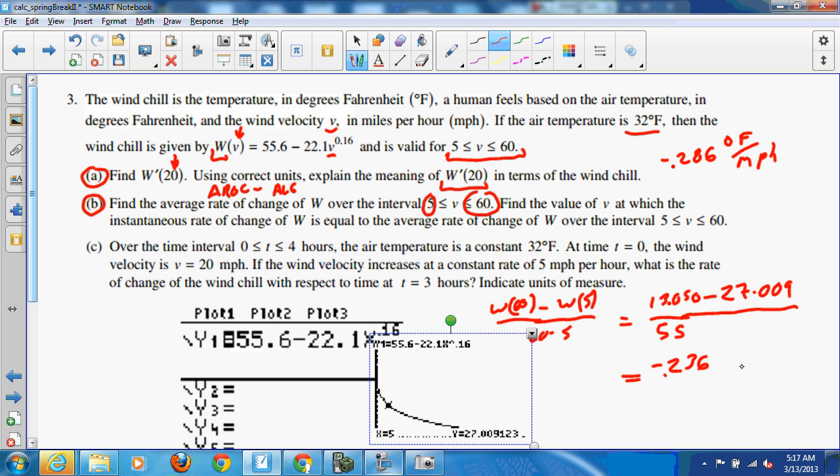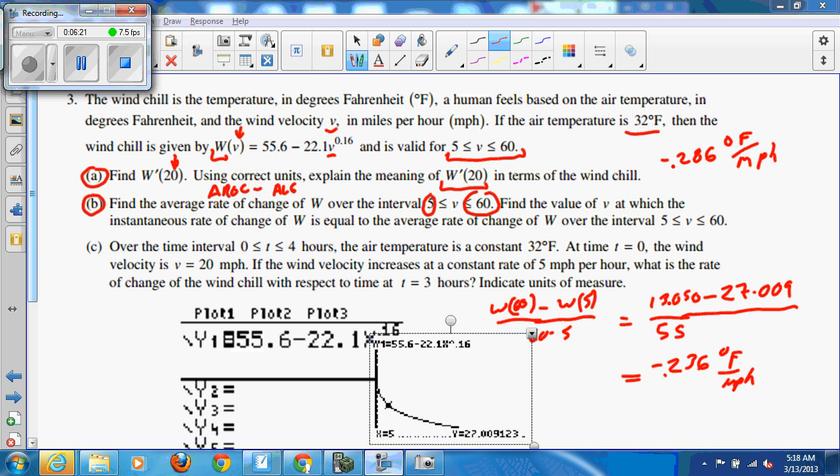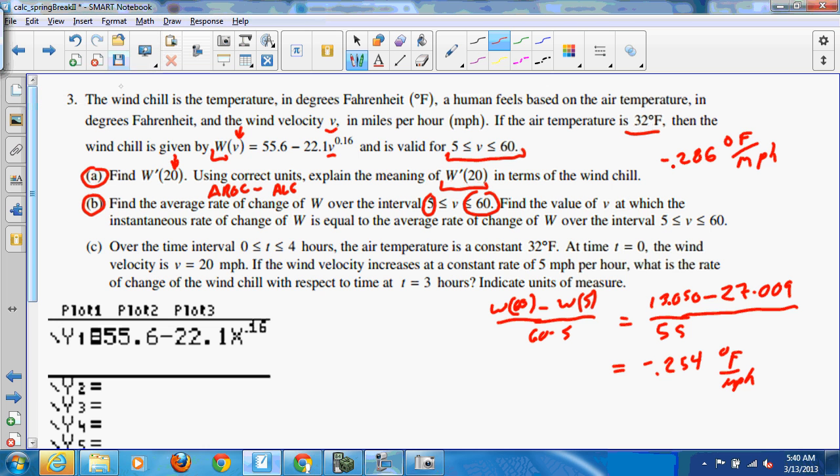Alright, so this is going to be the wind chill factor per what? Per miles per hour. Okay. The second half of part B says once we found that average value, they want to know when is the average value equal to the instantaneous rate of change.